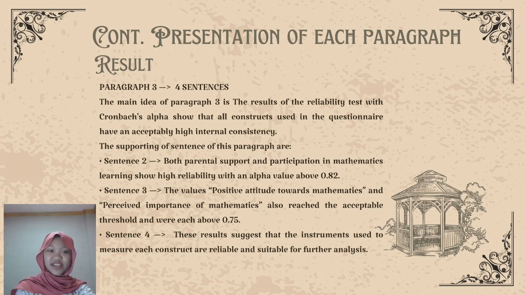Sentence 3 contains the values of positive attitudes toward mathematics and perceived importance of mathematics also reach the acceptable threshold and were each above 0.65. And sentence 4 contains, this result suggests that the instruments used to measure the constructs are reliable and suitable for further analysis.